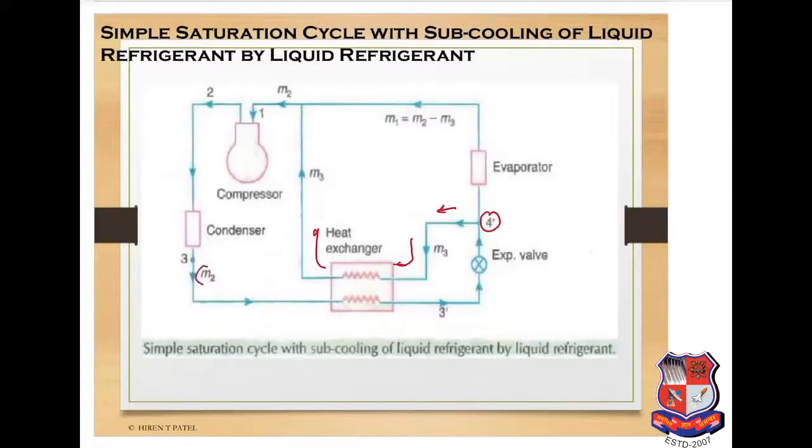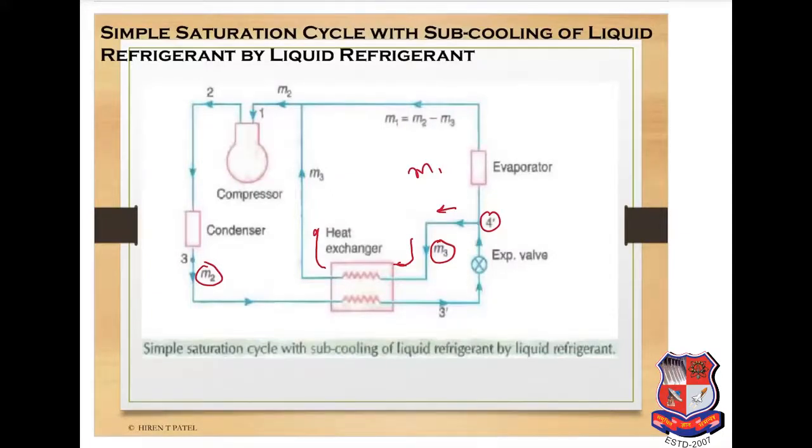So M2 is the mass that is coming out from the condenser and M3 is the mass bled from the liquid passing to the evaporator, and that is supplied to the heat exchanger. And M1 is the mass that is supplied through the evaporator.